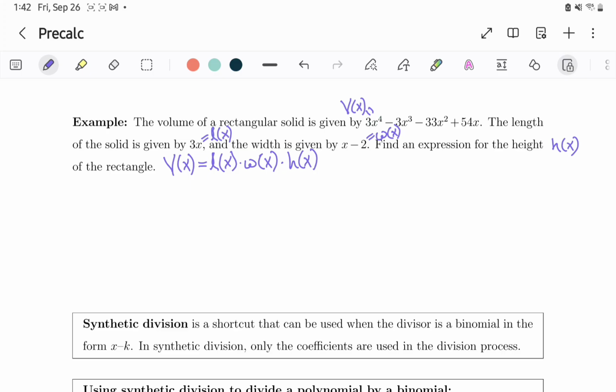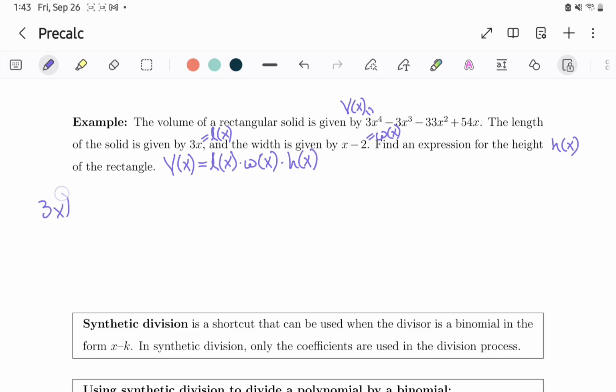So we could think about avoiding setting up the long division and just writing v of x over L of x and seeing how things would cancel out. Or we can do the long division. Let's see. Yeah, I suppose we'll just use the long division. That way we don't confuse things a whole lot by doing something different.